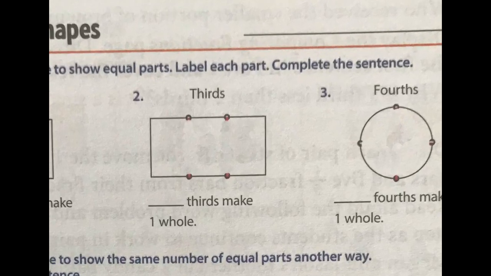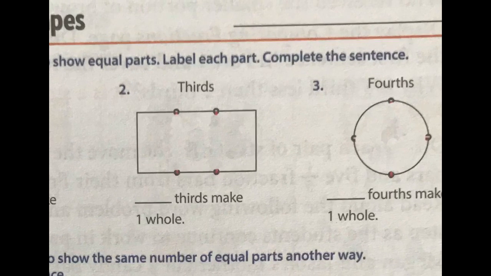Let's look at number 2. Thirds. Step 1, let's go ahead and connect the dots nice and straight to divide those evenly. Then we need to label them because there are 3 spaces, 3 different pieces.